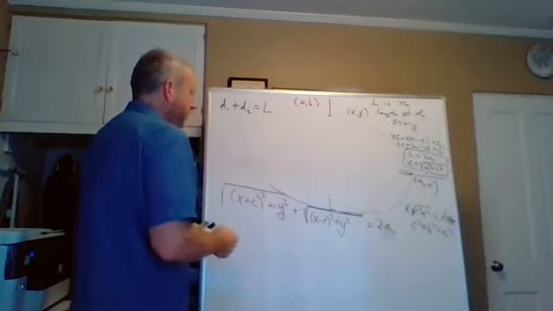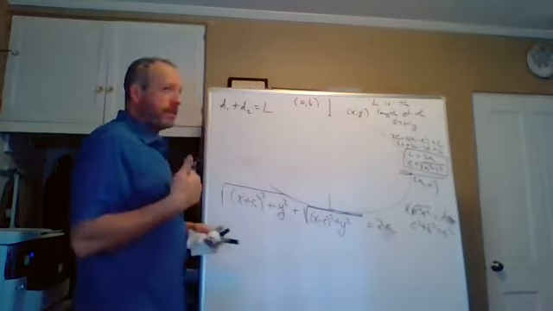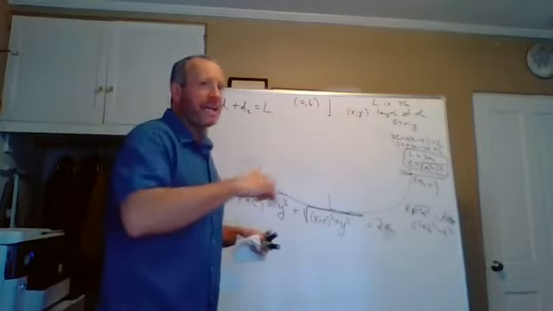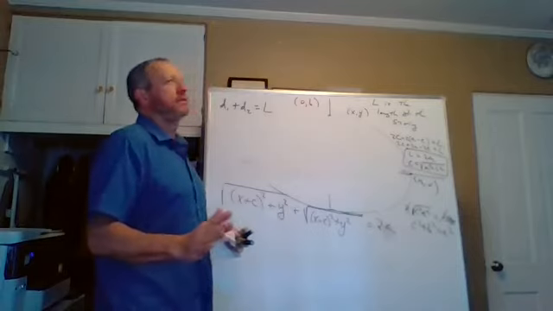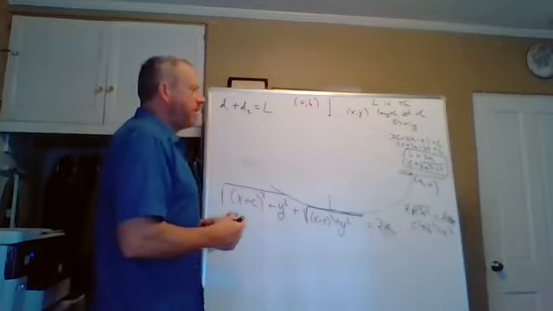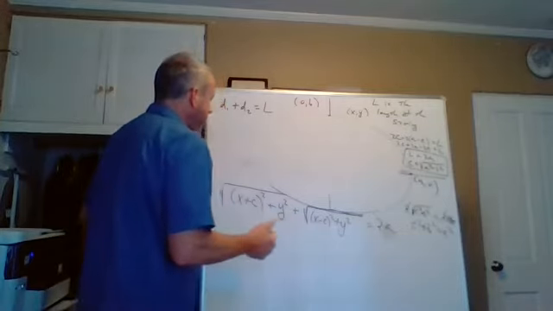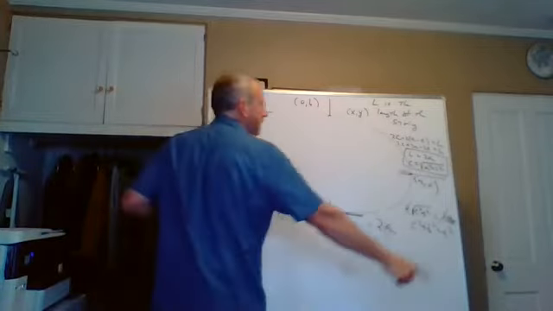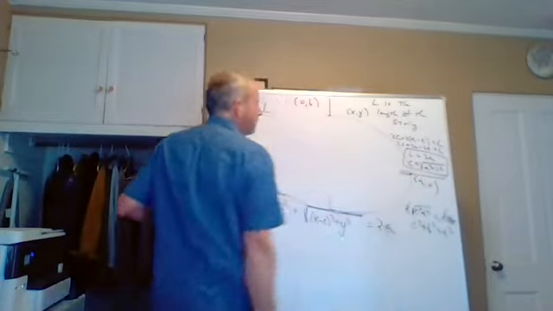Here's our equation. I did write down the equation we're heading towards. The equation that we're heading towards only has an A and a B. Look at this right here. This has an A but no B but a C. We need to get rid of the C, and here's how we're going to do it. Everywhere I see a C, I'm going to substitute in the square root of A squared minus B squared.